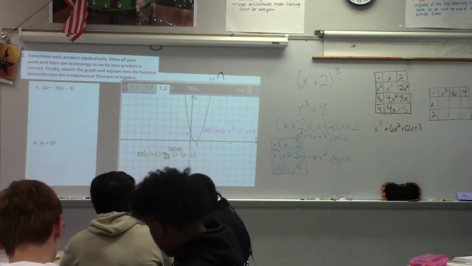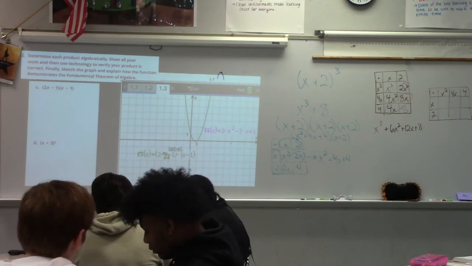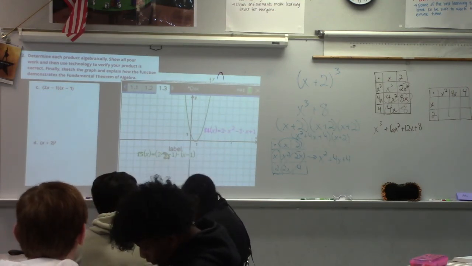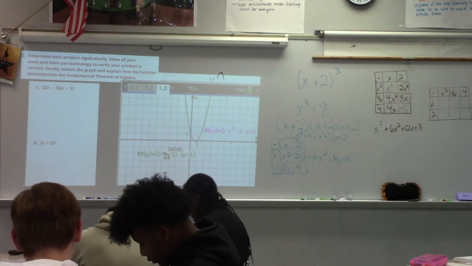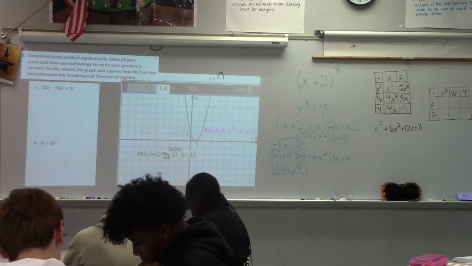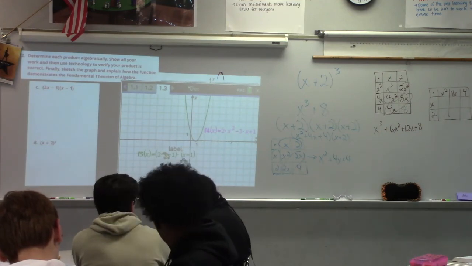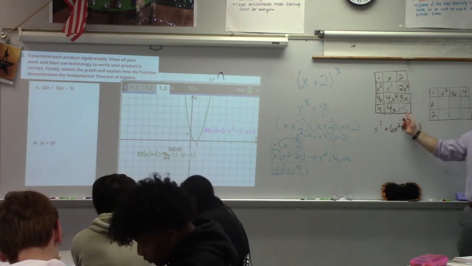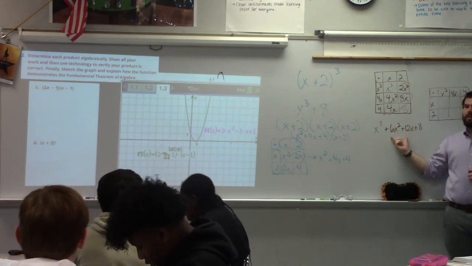Now, please hear me very clearly on this. Don't ask me, did I do it right? Because what should that be equivalent to? The x plus 2 cubed, right? And here's something I want to make very, very clear on this, all right? Let's say you did make a mistake here, and you would have the wrong answer here.